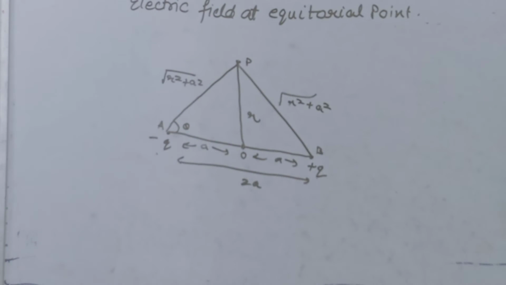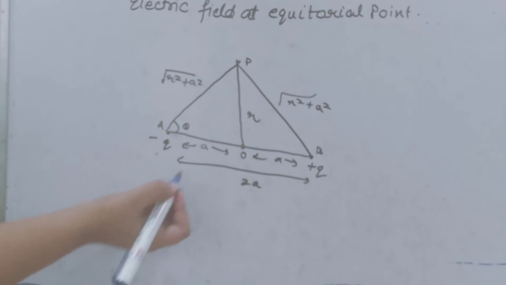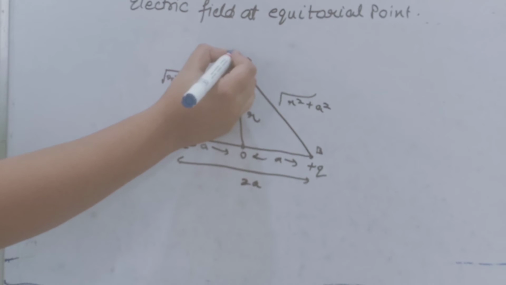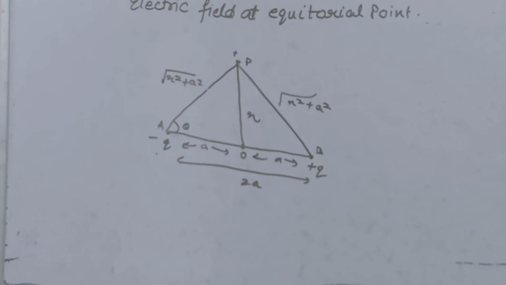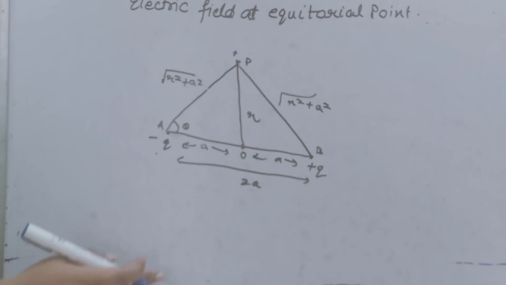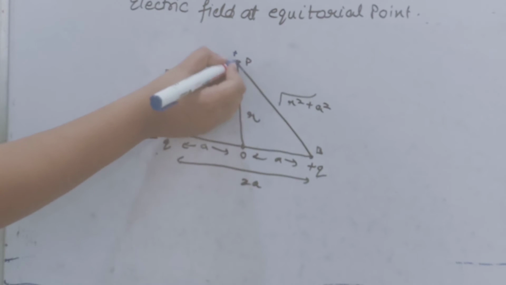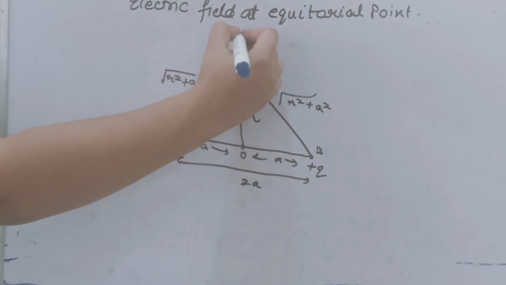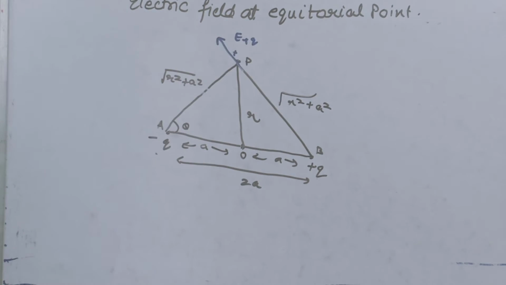Fine. Now let us draw the electric field. To find the electric field, we always assume a positive test charge placed at point P. So, if here we have suppose some unit positive test charge, then this positive and this positive charge will repel each other, and this will be the direction of electric field, that is E plus Q. Fine.